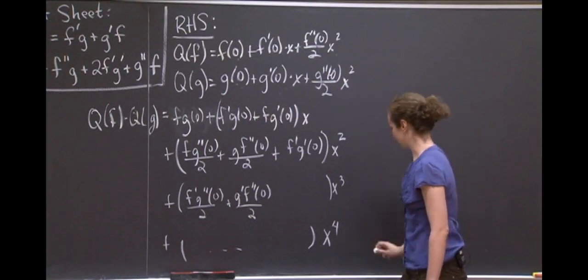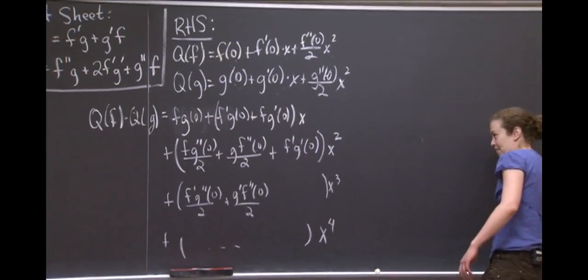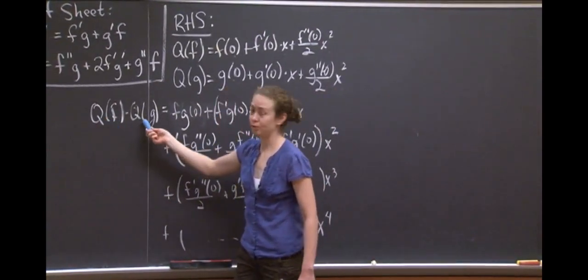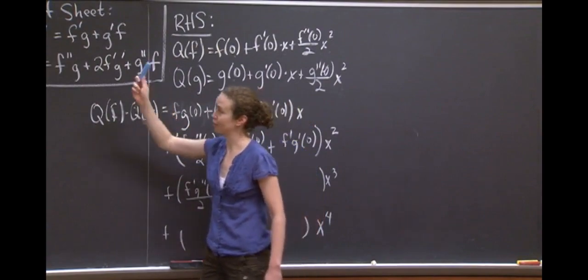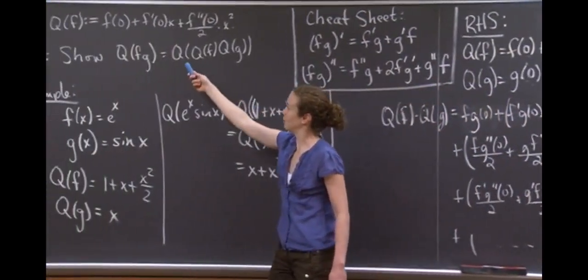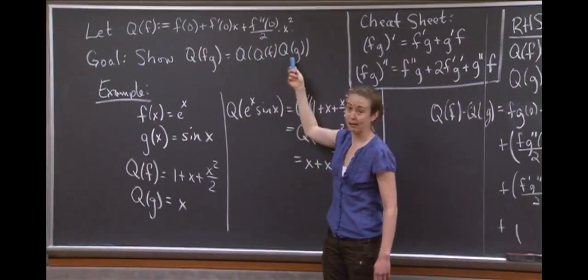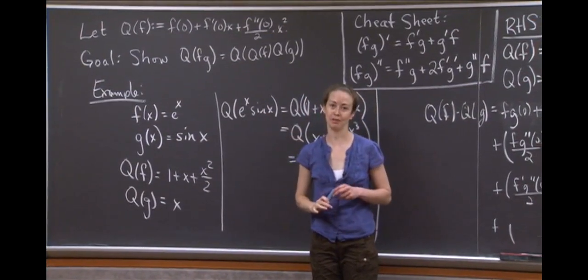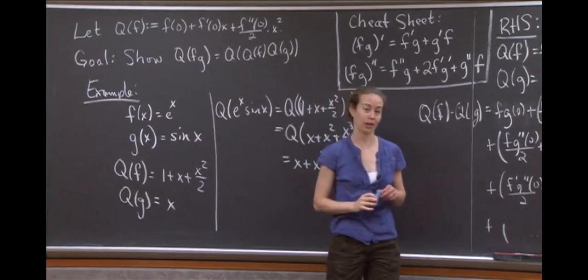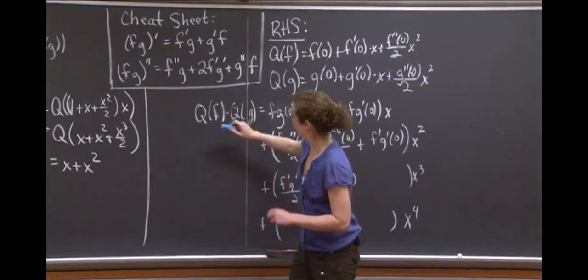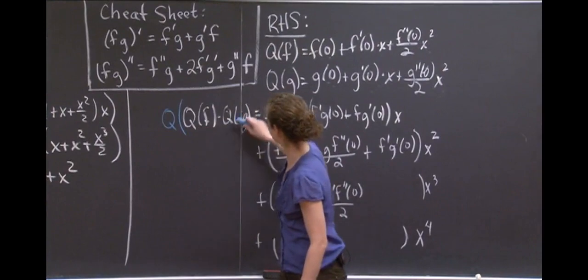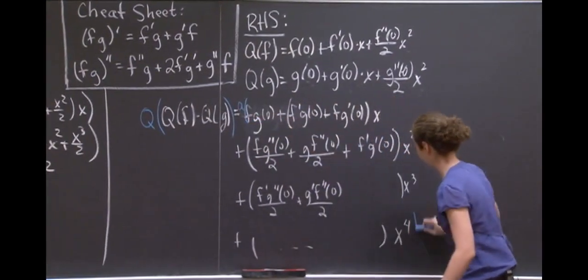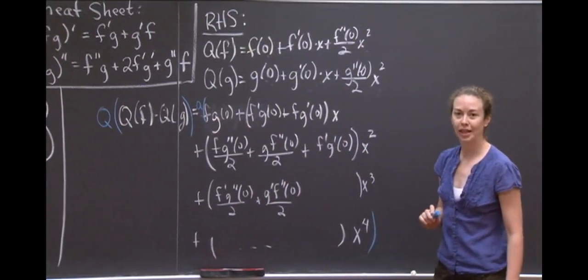But I want to point out something. I'm going to work some magic on the board. This is the quadratic approximation of f times the quadratic approximation of g. Let me come over here and remind you that I want the quadratic approximation of that product. So I'm going to go back and look at what I need from there to be the quadratic approximation of that product. If I apply the quadratic approximation to this whole giant thing, what do I actually get?